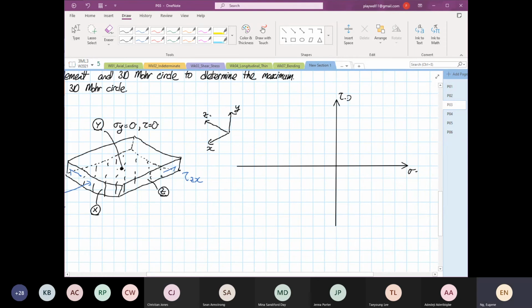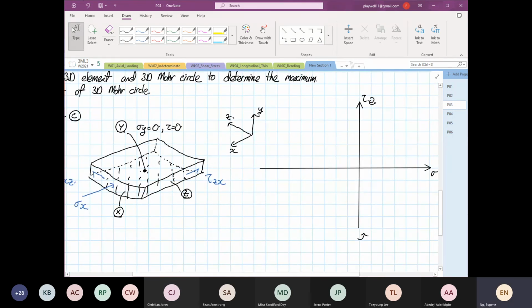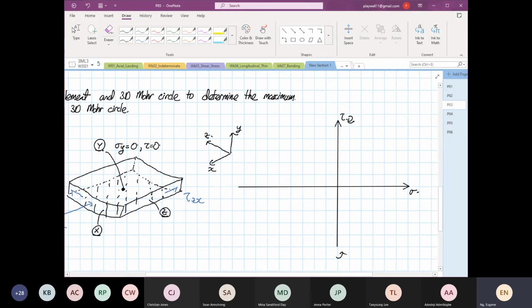So element rotate clockwise, element rotate anti-clockwise. We know that normal stress Z and normal stress Y are equal to 0. So stress Y and stress Z lie on that vertical. But stress X, we're going to have a compression.